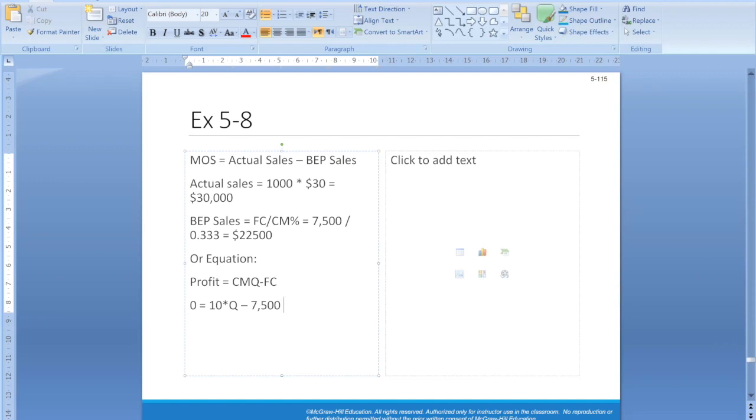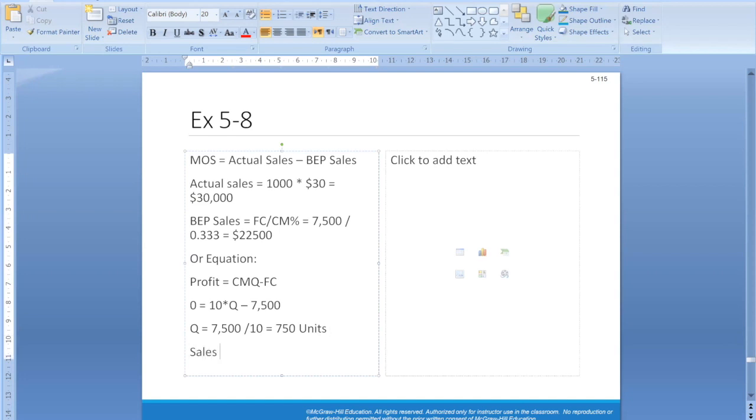So Q is equal to 7,500 divided by 10, which equals 750 units.